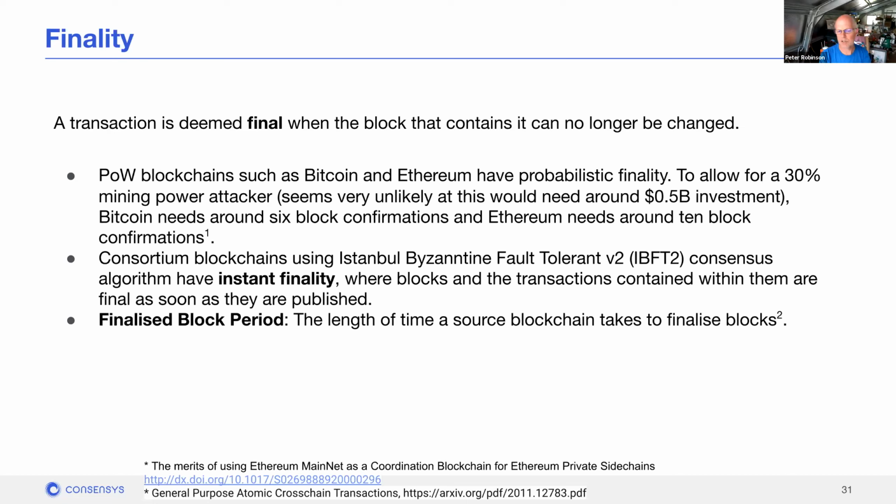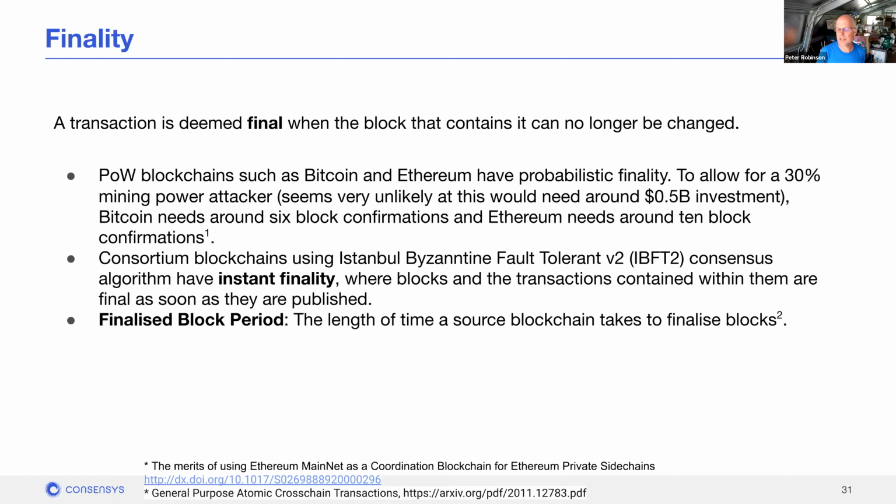That is assuming that you've got someone attacking with 30% mining power, which is just ludicrously large. I think I've put in there a $500 million investment, but for Bitcoin, it's significantly more. But yeah, if you wanted to have 1 in a million certainty, you'd need to wait for 6 or 10 blocks.